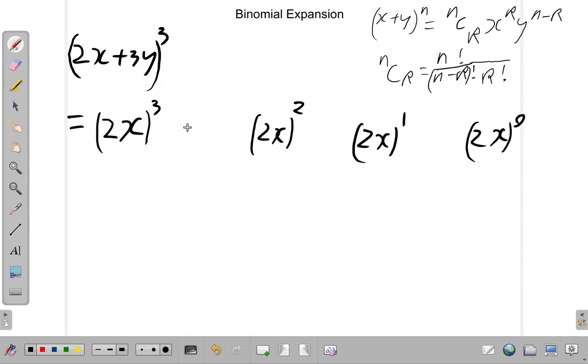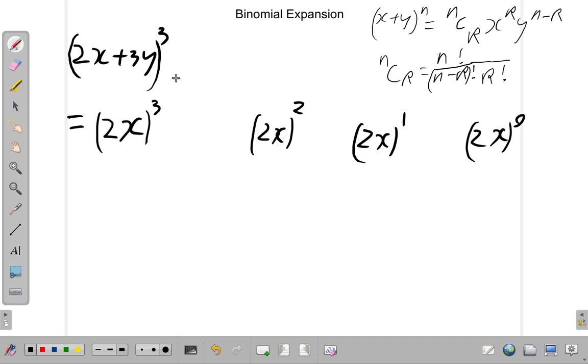Now, remember, the same thing happened when we had x plus y raised to, for example, 3. It was x to the 3, then x to the 2, then x to the 1, then x to the 0. It's just that instead of happening to x, it's happening to 2x now.